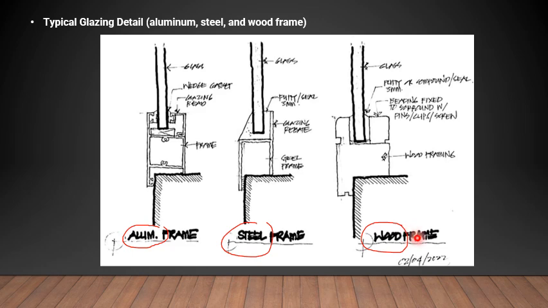So the approach in wood framing and aluminum frame is almost the same. They have these glazing beads, and they have the same approach for these two, the aluminum frame and the wood frame.